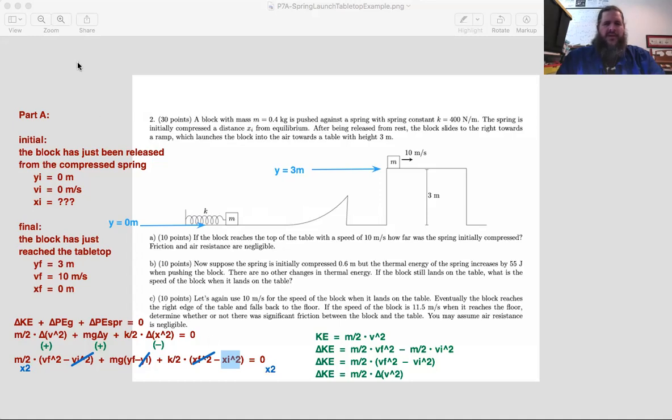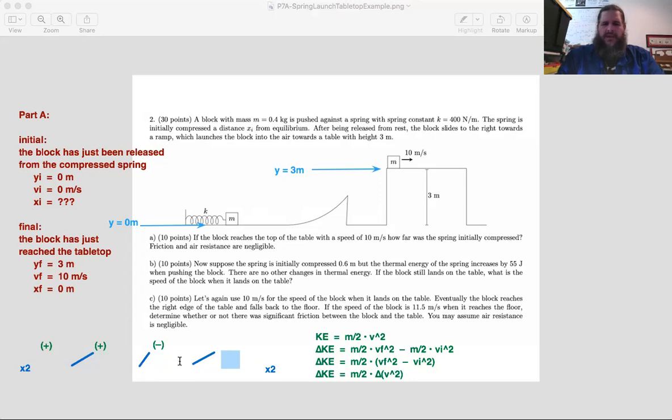So if we multiply both sides of the equation by 2 and fill in the zeros, let's see what's left. We've got mass, because the 2 cancels out, times v final squared minus 0 squared. So that's just v final squared. Plus, we're multiplying by 2, so 2mg times y final minus 0, which is just y final.